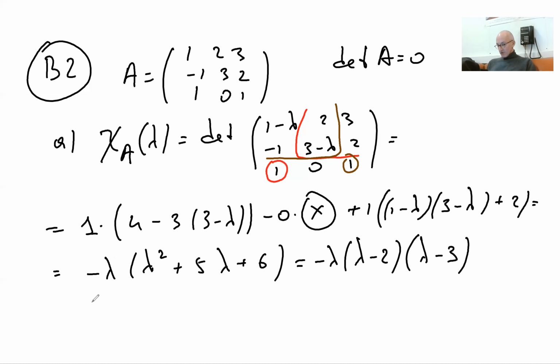Yeah? So lambda 1, the first eigenvalue, is 0, the second eigenvalue is 2, the third eigenvalue is 3. So remember, eigenvalues are real roots of the characteristic polynomial. Yeah, so we're done.